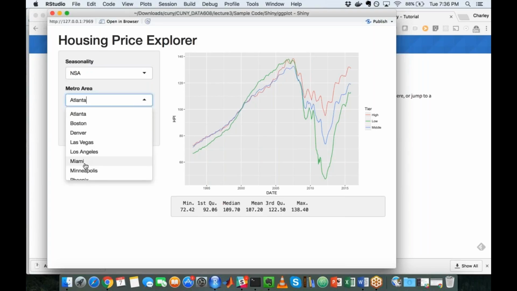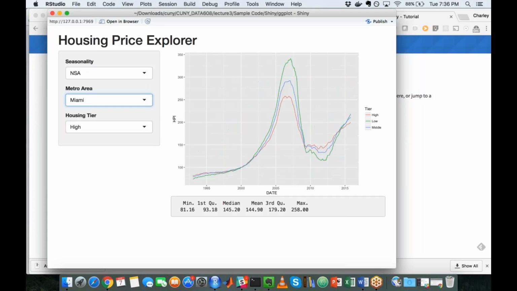And when we make a selection here, there's a communication going to the server side. It's telling the server the user just chose Miami. These are the three inputs that we have defined. Let's return a graph based on those inputs.